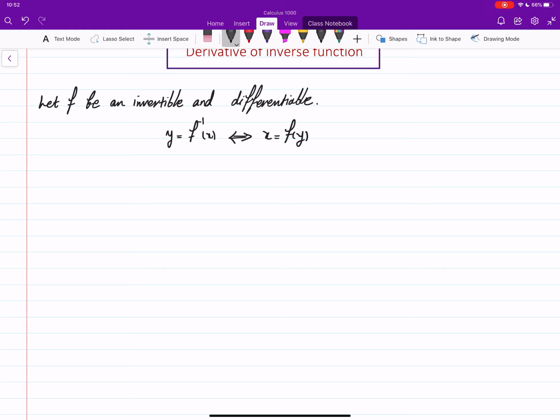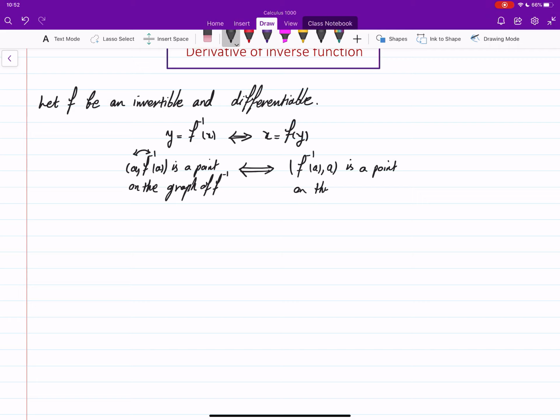And also if (f inverse of a, a) is a point on the graph of f inverse, then you can right away say that (a, f inverse of a), just interchanging the components of the point, is a point on the graph of f.